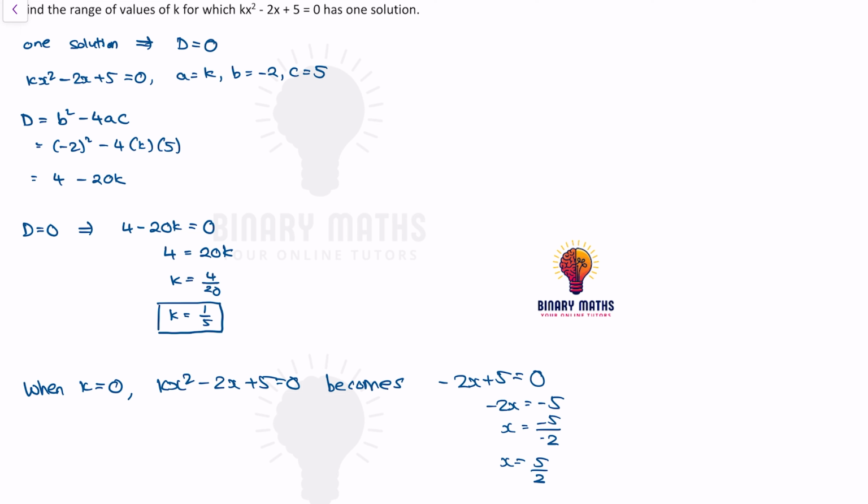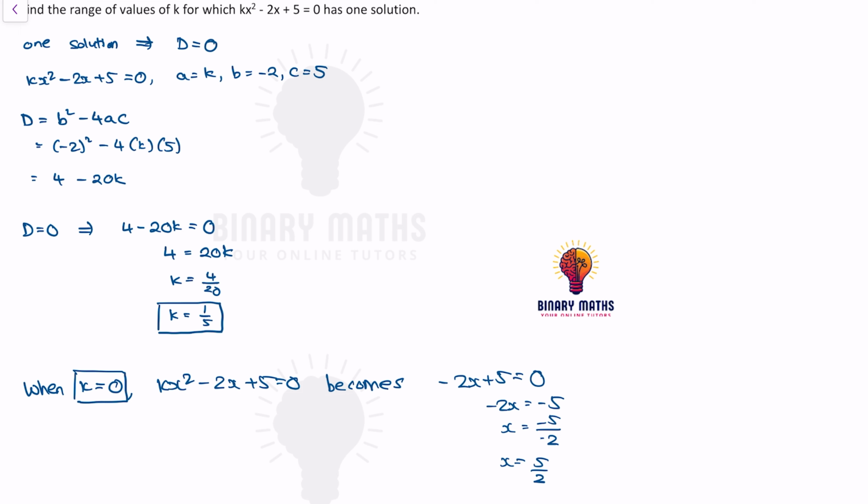Here, when k is equal to 0, I'm getting x is equal to 5 over 2, which is one solution. So that means k equals 0 is also a solution. So my solutions are both k is equal to a fifth and k is equal to 0. So most students would forget about k equals 0 as a solution.